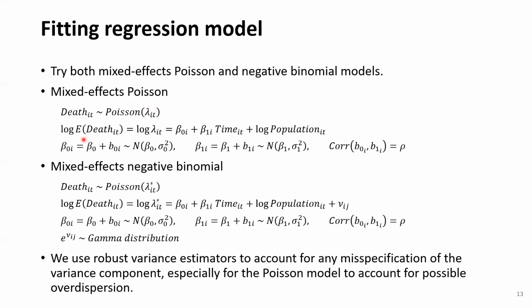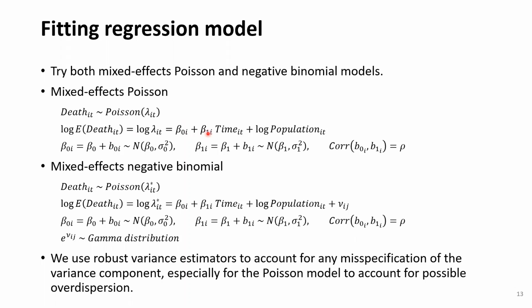And the equation is as follows: log of the expected number of deaths in city i at time t is equal to beta_0i. This is an intercept, but you see the i subscript here, so this intercept is city specific, plus beta_1i times t.